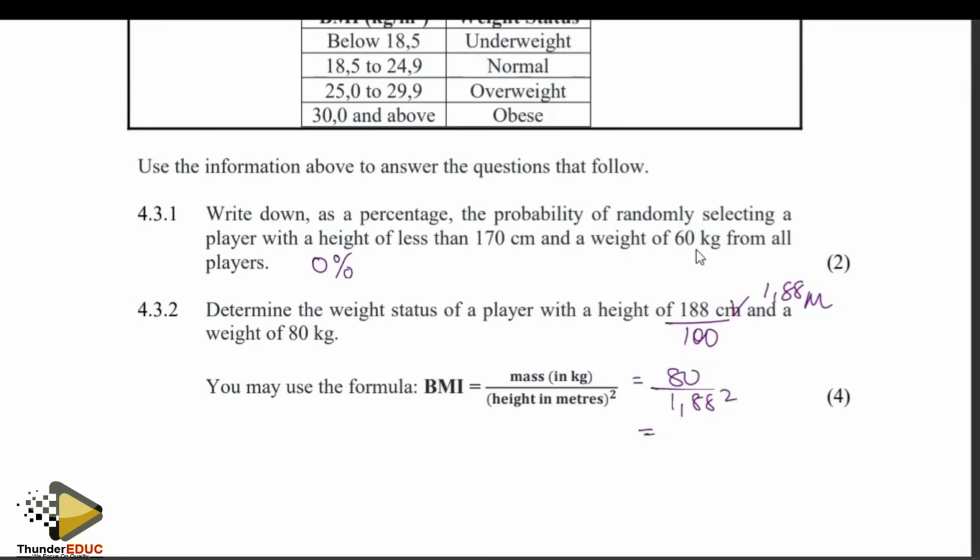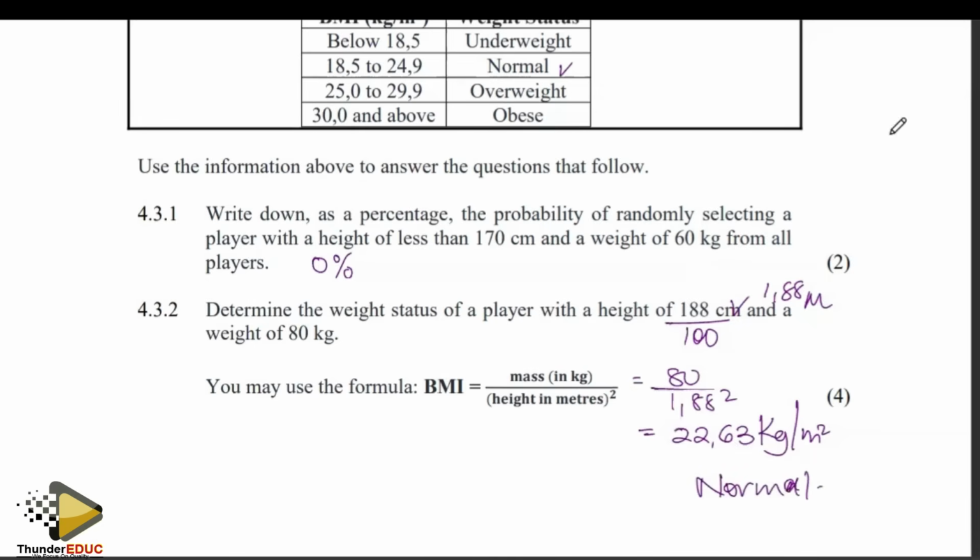So you get 22,63 kilograms per meter squared. When you look at this, in between 18,5 to 24, the person is what? Normal. So the status here becomes normal.